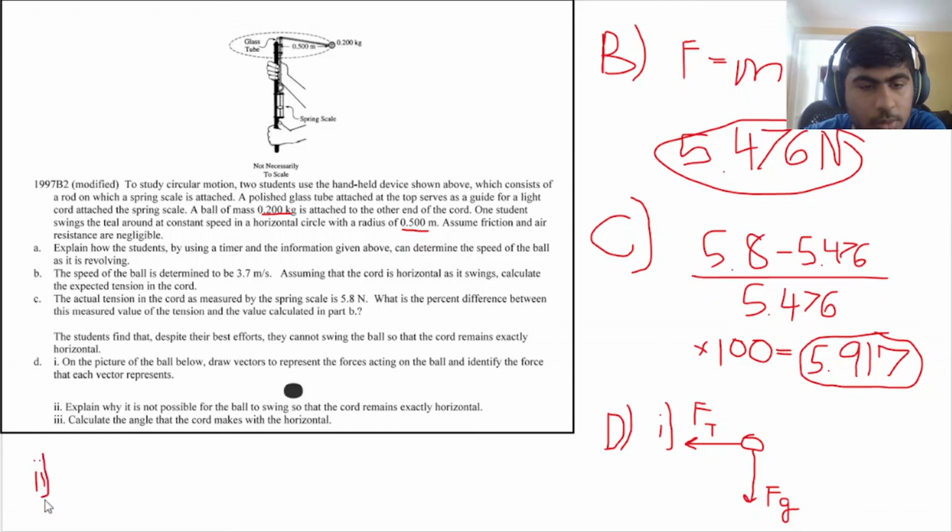Part 2. Explain why it's not possible for the ball to swing so that the cord remains horizontal. Well, we just talked about this.